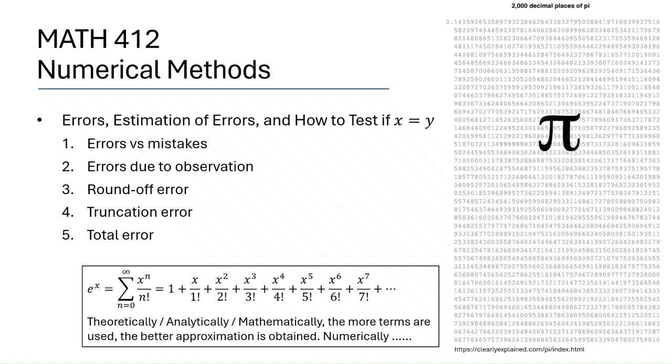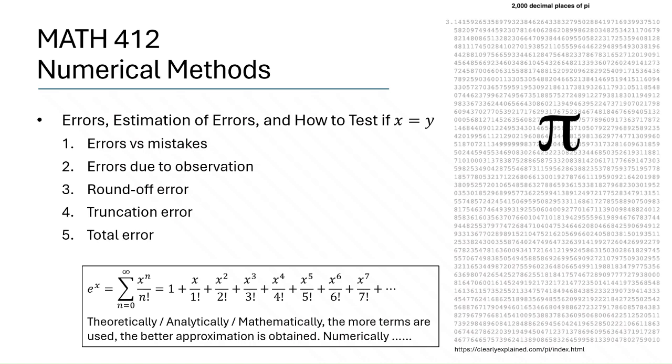Now truncation error in many cases in this course is due to the formulas we choose, which come from the Taylor series expansion of a function. I don't know if you like infinite series and sequences or not. They're taught in calculus 2. With the Taylor series expansion of a function, normally we just consider it at x equals 0.